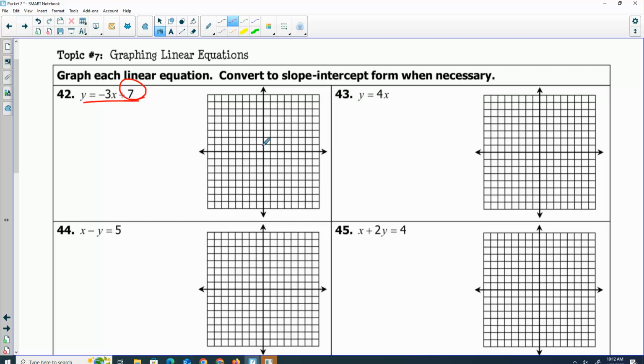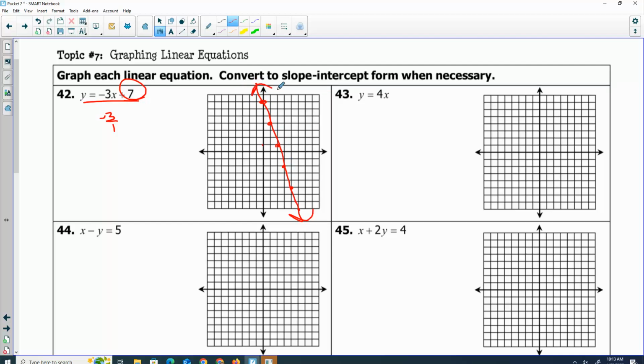Yep, so we start at 7 on the y-axis. My slope is negative 3, or you could think of that as negative 3 over 1. So that means down 3 and right 1. And once you have 2 points, you can draw the line, or if you're like me and you can't draw straight lines, you can make more points.